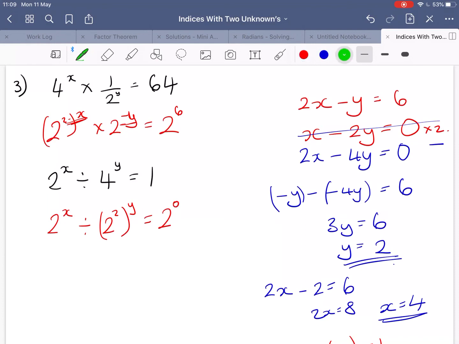Right, second equation, 2 to the power x divided by 4 to the power y. So I'm going to have 2 to the power x divided by 2 to the power of 2y. What do I do when I divide? I take away. So I get x take away 2y equals 0.